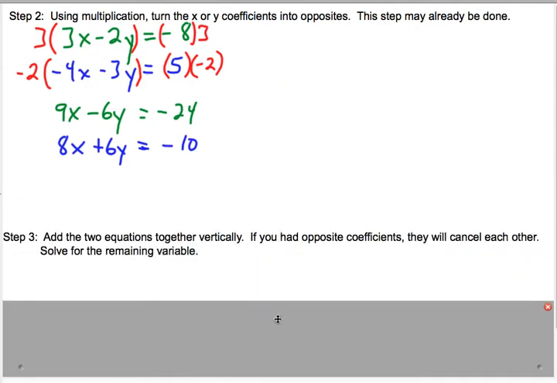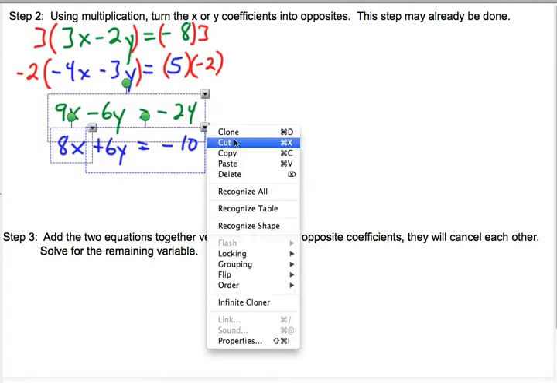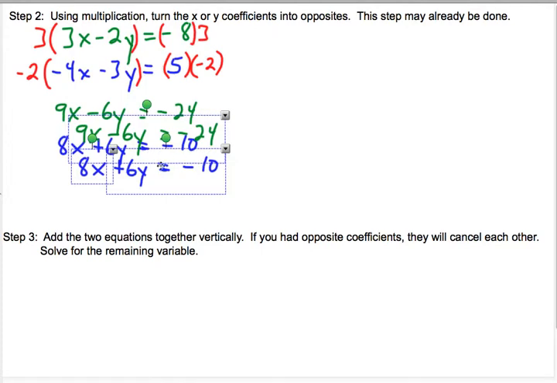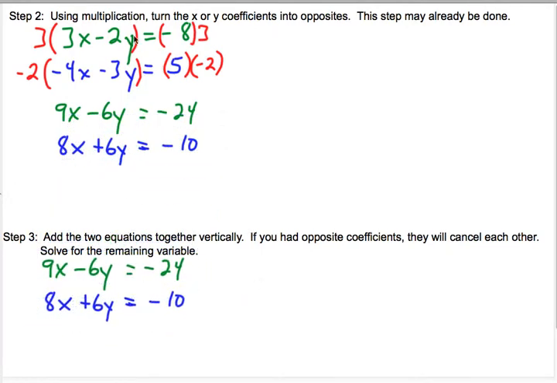So step 3, we're going to add the two equations together vertically. So let's do that. I'm going to copy these and move them down. Okay, so we're going to add these together, and if we did steps 1 and 2 correctly, it should cancel out one of the variables.